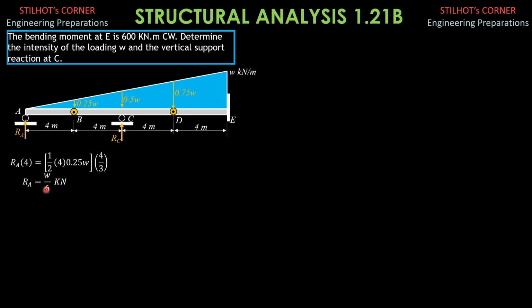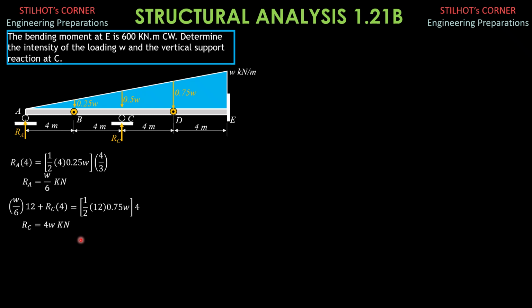So we have RA W over 6 times 12 plus R sub C times 4 equals the moment of this triangular load, which is 1/2 of 12 times 0.75 W, and the moment arm is 1/3 of 12 or 4. So equals 1/2 of quantity 12 times 0.75 W times 4. Simplifying, R sub C is equal to 4W kilonewtons also.